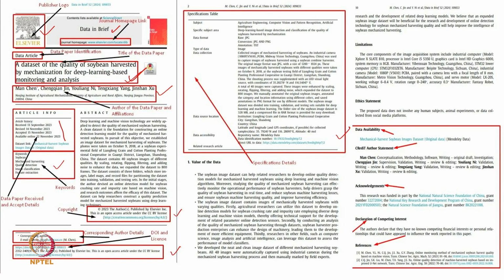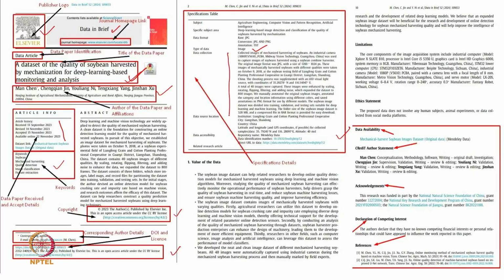After this, the details about the data format: the raw data is available in JPG, then conversion to JPG and PNG is available, and the annotation is in text format, TXT. Then the type of data is image, and how this data is collected and all those details are provided here.